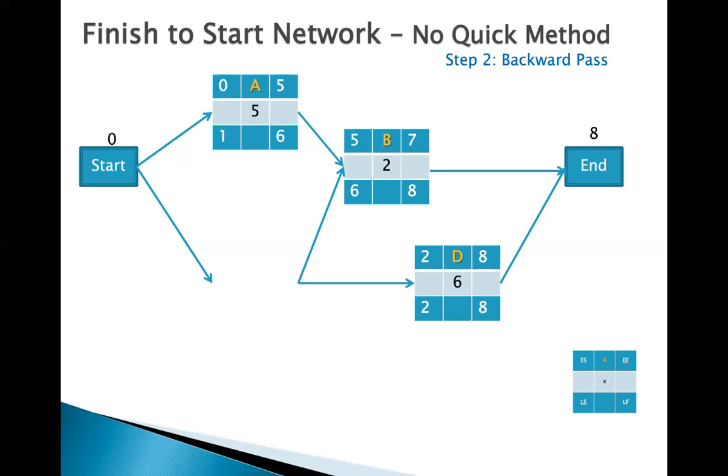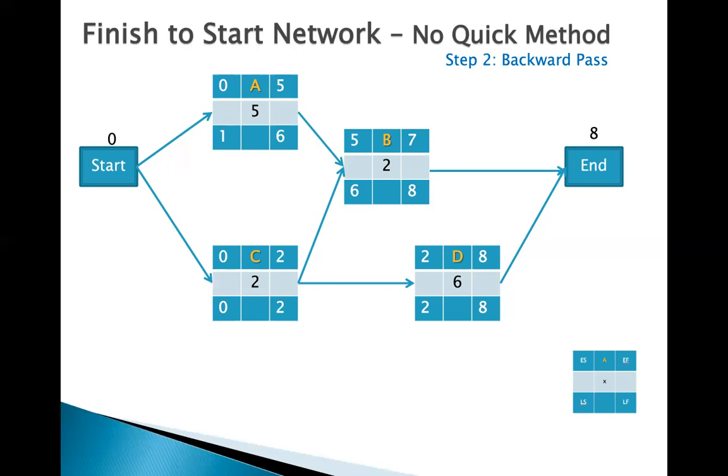In this case, the rule is to select the minimum, the smallest value between 6 and 2, which is 2. So the late finish of activity C is not 6, it's 2. Why? Because we are performing the backward pass. So what is the late start of activity C? Simple, it's 2 minus 2, which is 0.